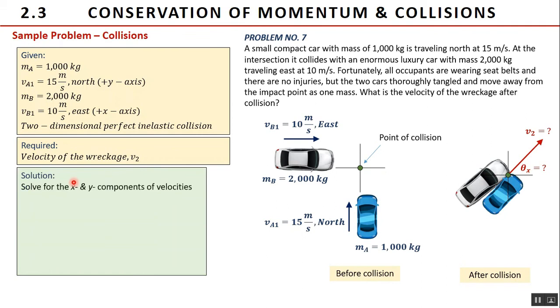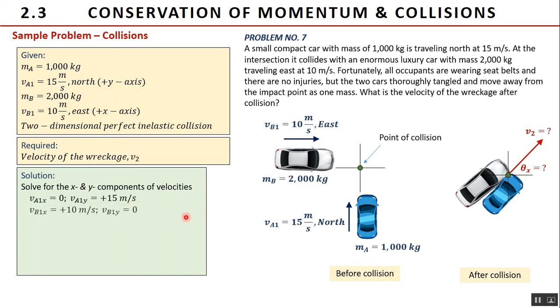The first thing we do is solve for the x and y components of velocities. For the x and y components of VA1, by observation, VA1x is 0, since car A is only moving north, or along the y-axis. With this, VA1y is already equal to positive 15 meters per second.